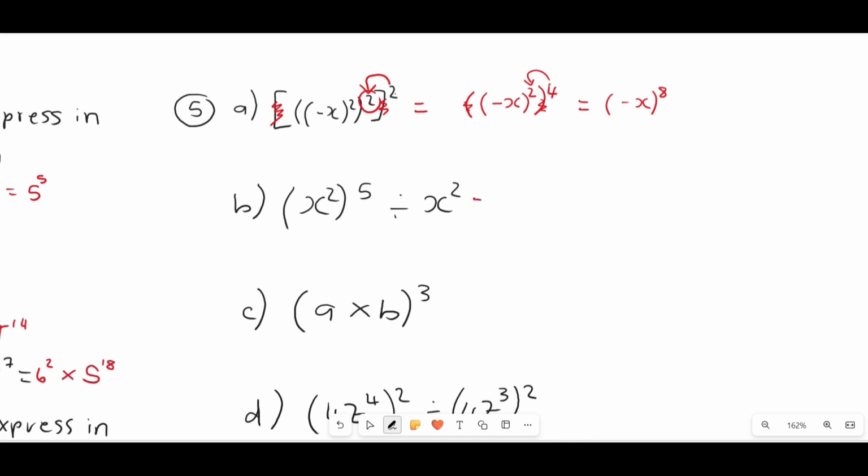Now, for this one, before we even start dividing, because we all know what we must do when there's a big division sign there, we must subtract. But we cannot do that if we have these ugly brackets here. So let's get rid of them.